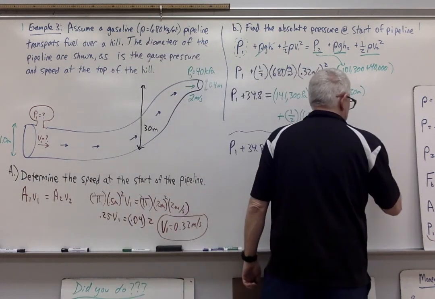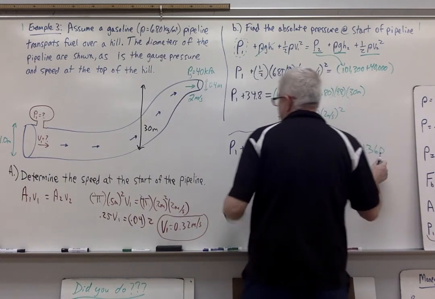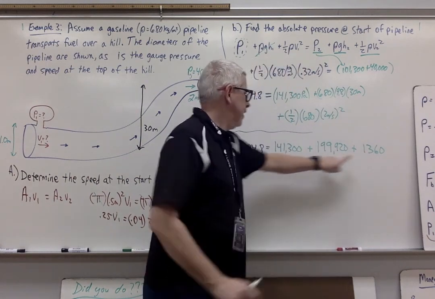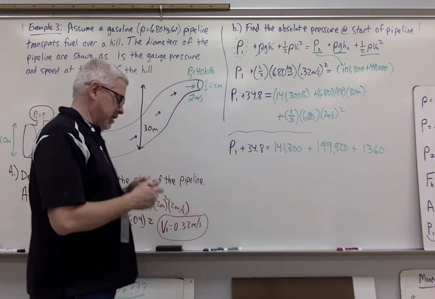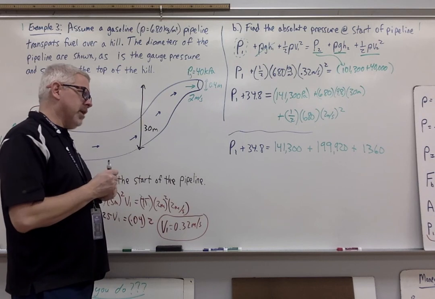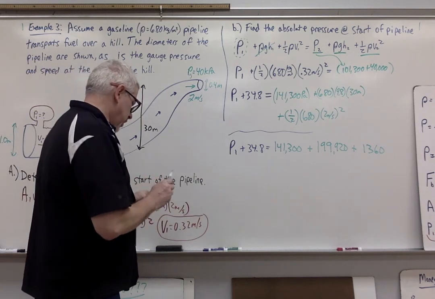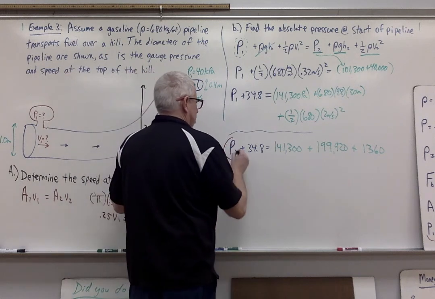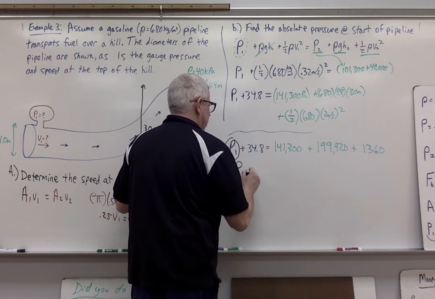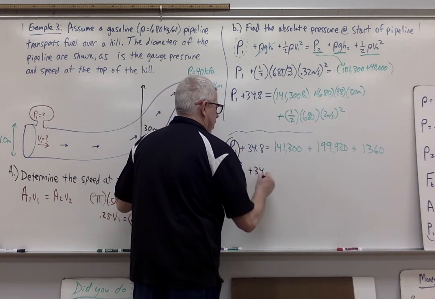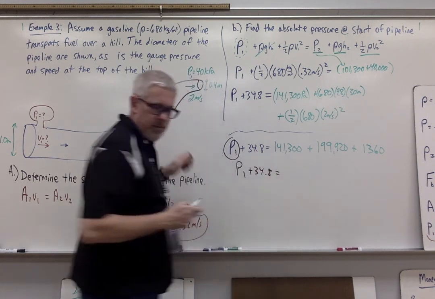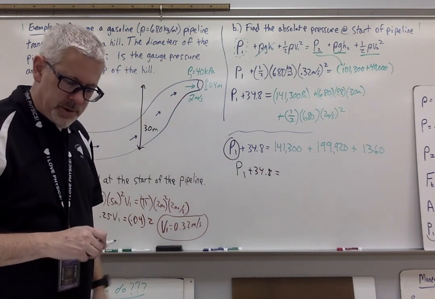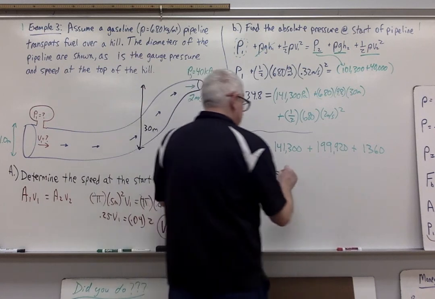So notice the kinetic energy on both sides doesn't do much, which is interesting given that the speed changes. If the speed changed more, I think it would matter. So when I want to solve for P1 now, P1 plus 34.8 equals a lot on the other side, 342,580.